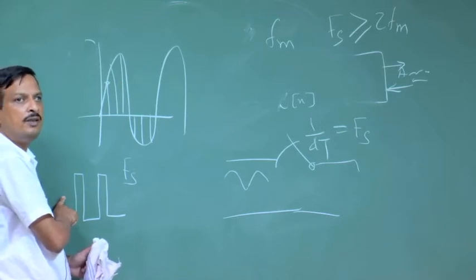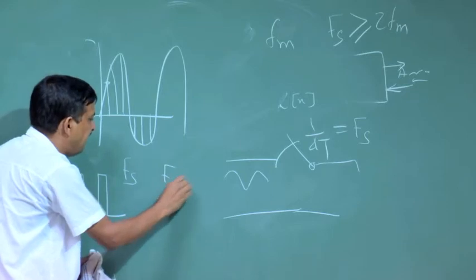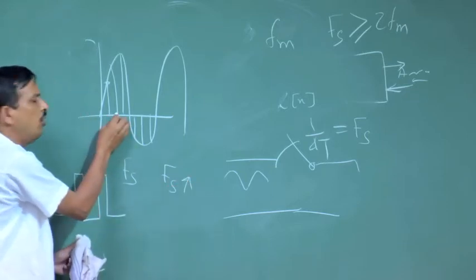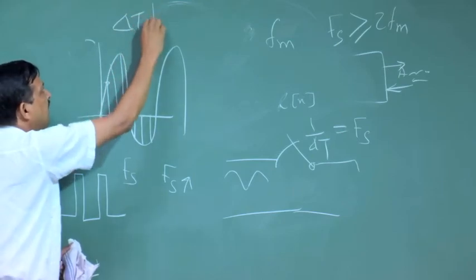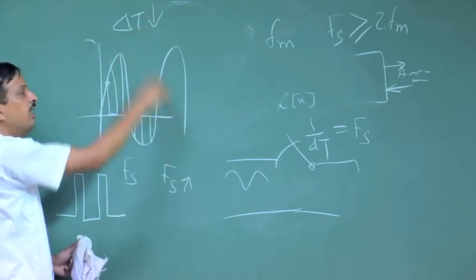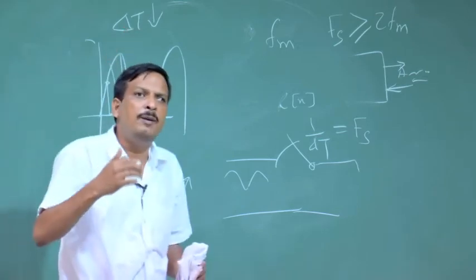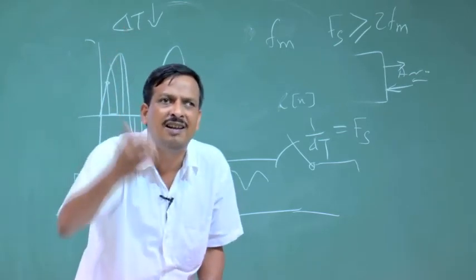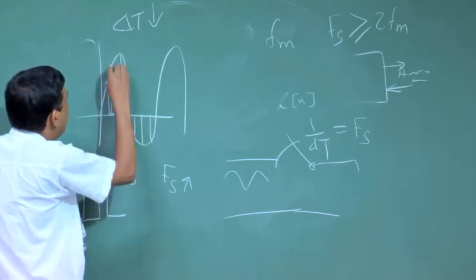Now, if my Fs increases, this gap, delta T, will decrease. So, if my sampling frequency is much larger, then I can get the signal accurately.